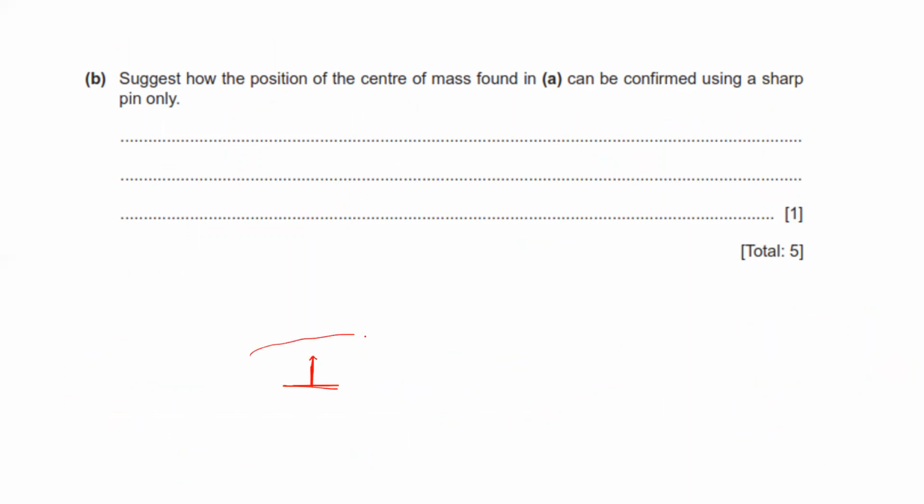So you basically try to balance the point you have found. This is your lamina, this is pin. So if you try to balance this lamina over the tip of that pin, a very small object, your lamina will perfectly balance. And that is one of the properties of center of mass of any object.